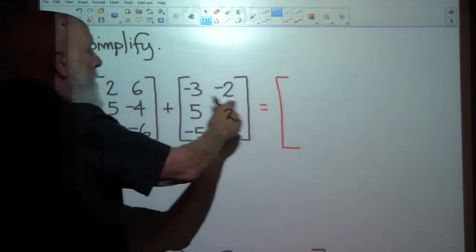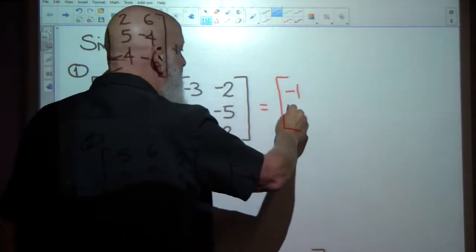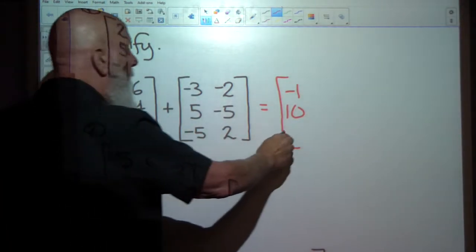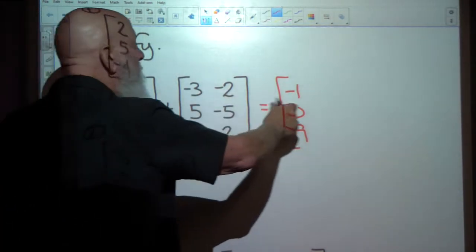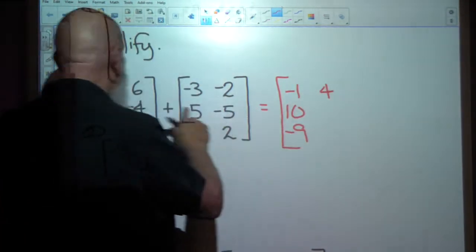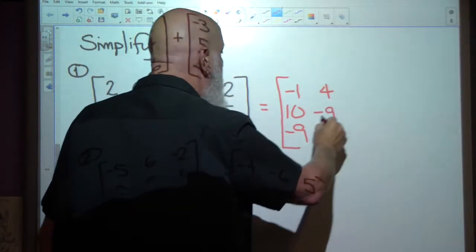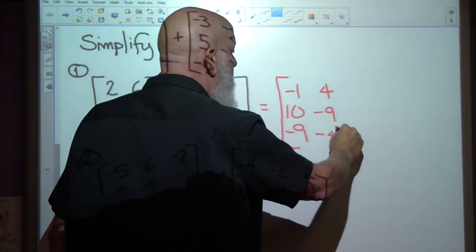2 plus -3 is -1. 5 plus 5 is 10. Hopefully I can do arithmetic correctly. -4 plus -5 is -9. 6 plus -2 is 4. -4 plus -5 is -9. And -6 plus 2 is -4.